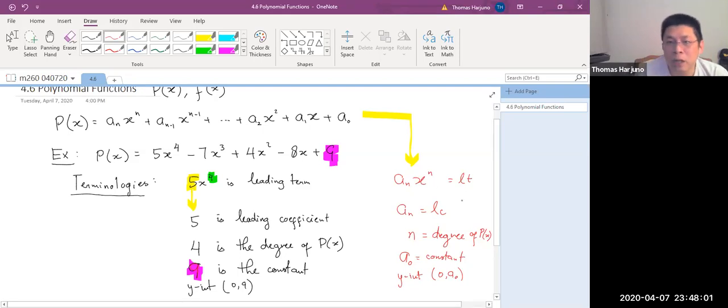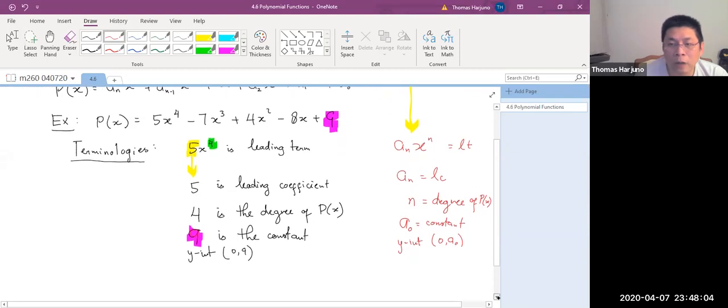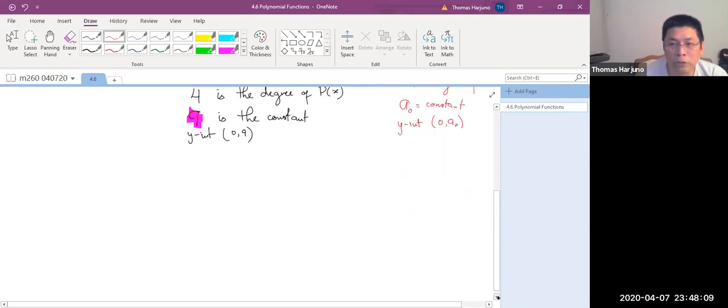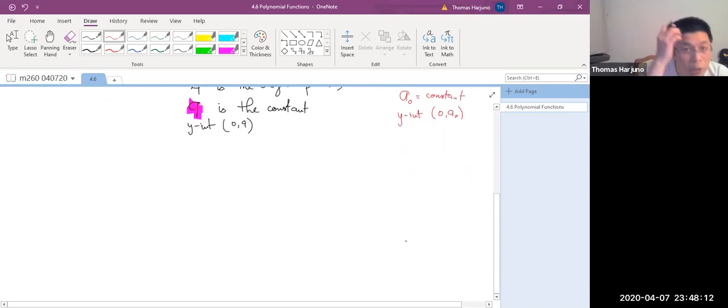Now, let's go on. There are some parts that we need to learn from polynomials. And the thing is, I'm not teaching you only 4.6, but I will also teach you chapter 12 at the same time. What are the things that we need to learn here? The first one is far end behavior. Second, intermediate value theorem.